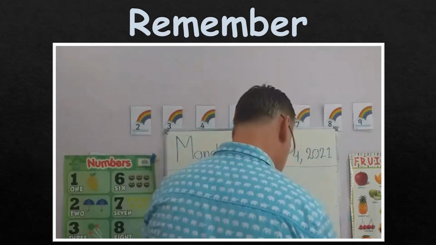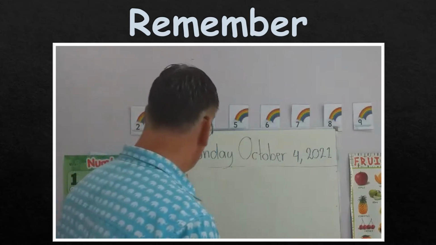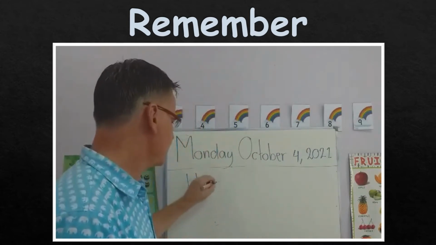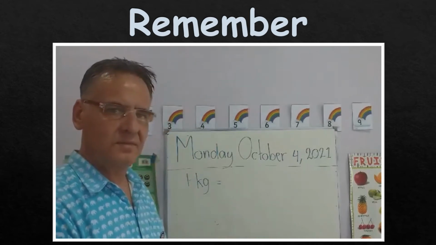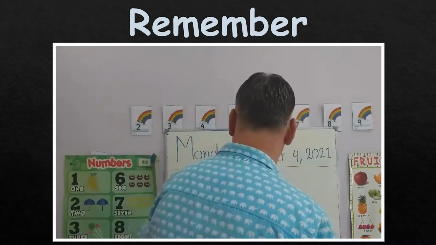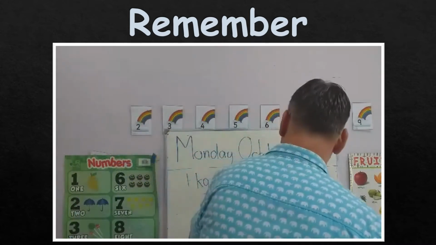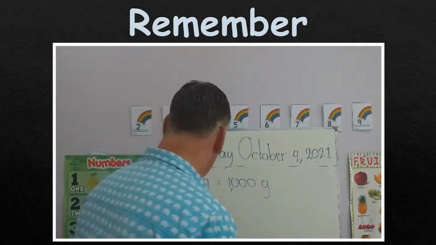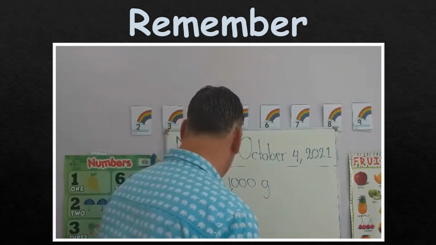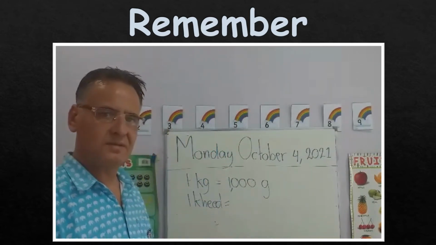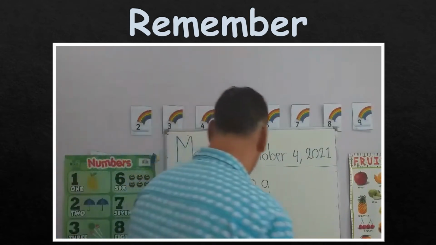A few more things I want you to remember. 1 kilogram is how many grams? Right, 1,000 grams. How about 1 keat? 1 keat is how many grams? Right, 100 grams.